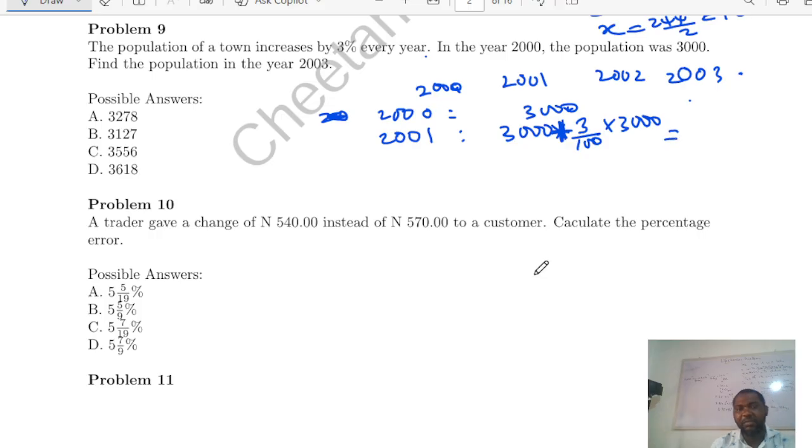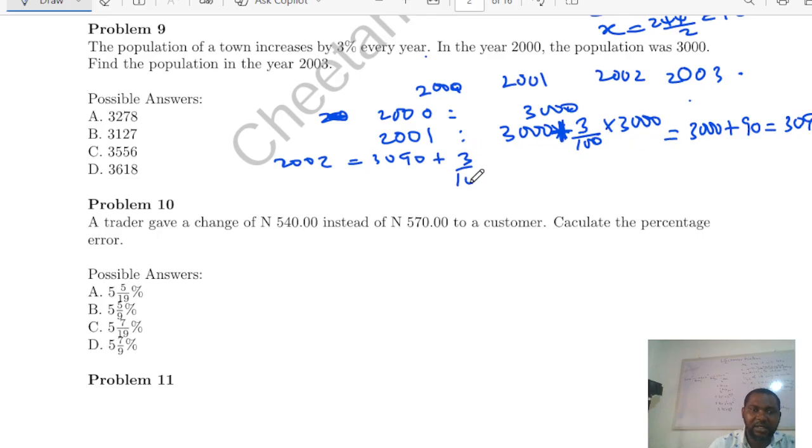Okay, so this will give me the first value, which is 3000 plus 90, so that gave us 3090. But for the year 2002, it's going to be 3090 plus the increase by 3%, which is 3 over 100 times 3090.